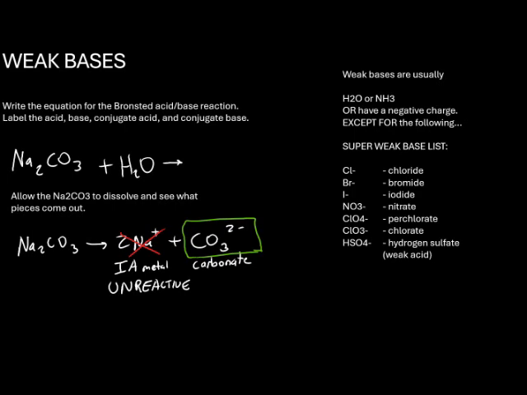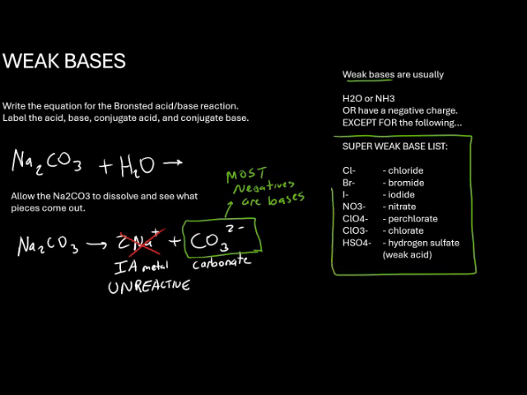Now, weak bases generally are either water or NH3 or anything that has a negative charge. Most things with negative charges are bases. However, there are some negatives that are not bases. I've written this as the super weak base list here on the right.